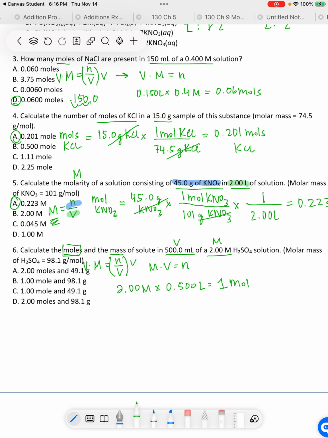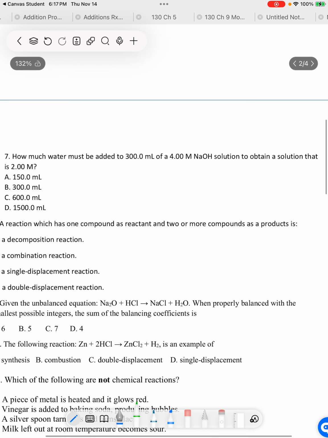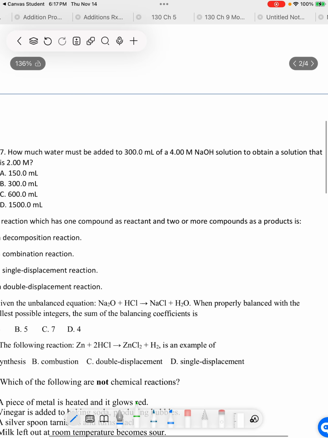So we have 1 mole of H2SO4, and we know how much 1 mole of H2SO4 weighs. It weighs 98.1 grams. So we need 1 mole, 98.1 grams. All right, number 7, and then after this I'll start another video.